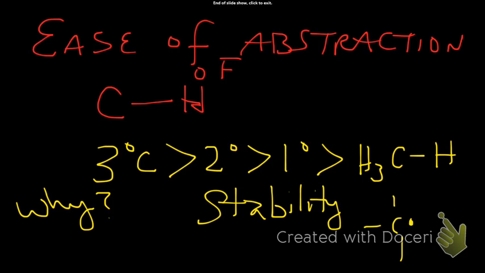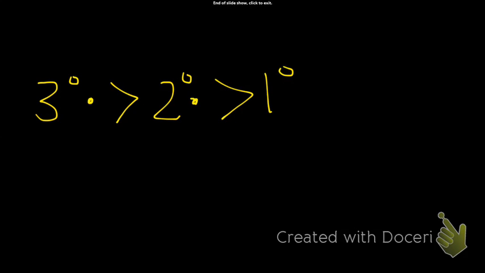It's still reactive, but it's more stable than the methyl radical. So what does that mean? Let's think about the stability of the radicals. The tertiary radical is more stable than a secondary radical, more stable than the primary radical, which is more stable than the methyl radical.